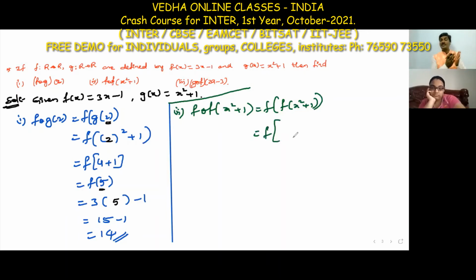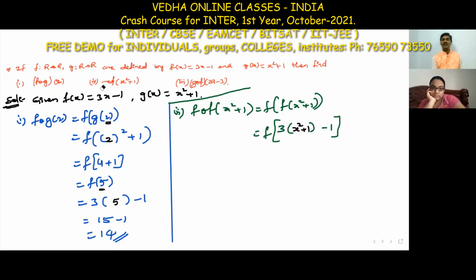What is the f of x function? Go to the f of x function and check. 3x minus 1 is the f of x function. So that means 3 into x minus 1. What is in place of x? x is nothing but x square plus 1. Write that function as usual.